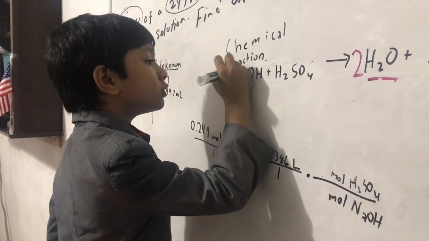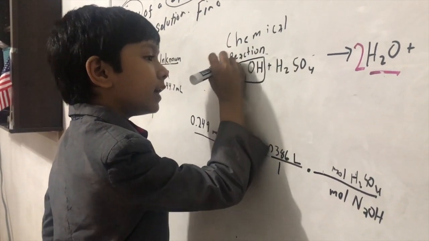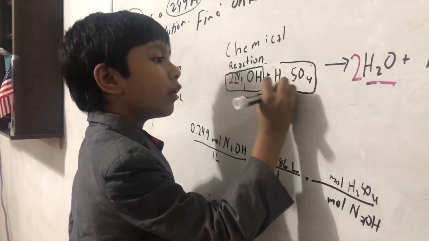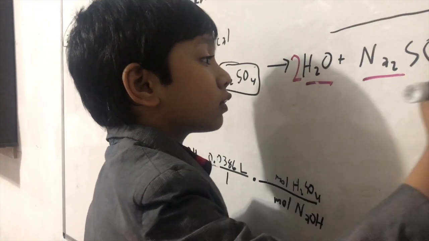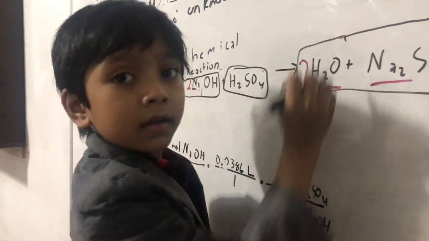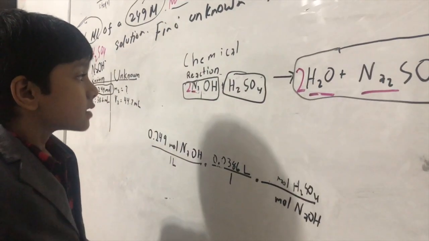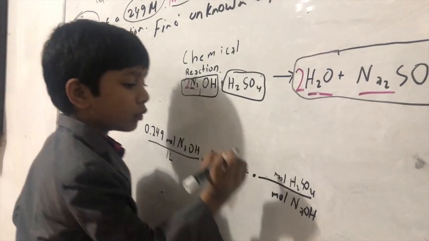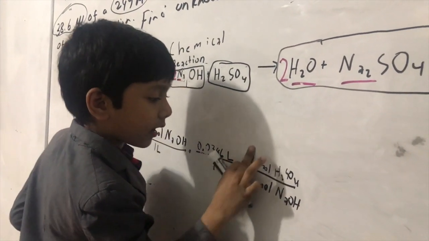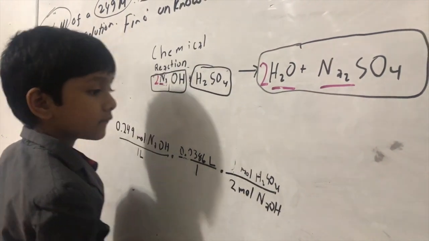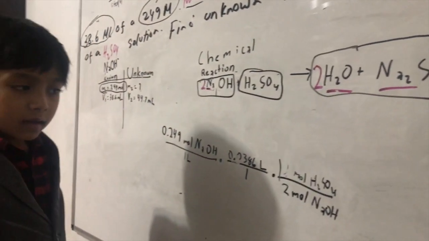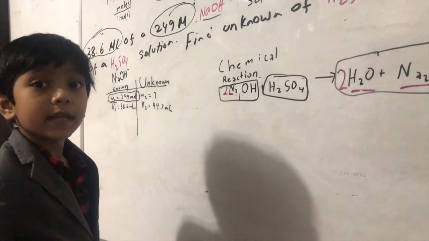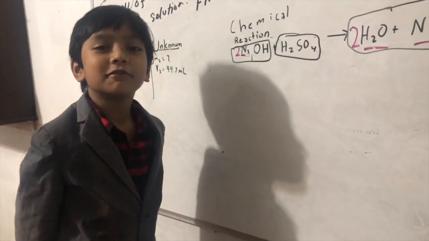There are 2 moles of NaOH and 1 mole of H2SO4. They react together to make this product. So there are 2 moles of NaOH, but 1 mole of H2SO4. Moles and liters, they're almost like twins.